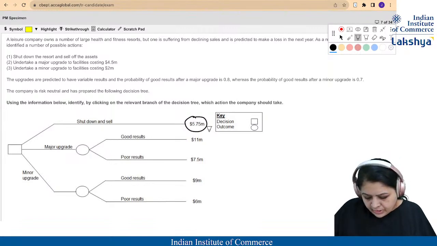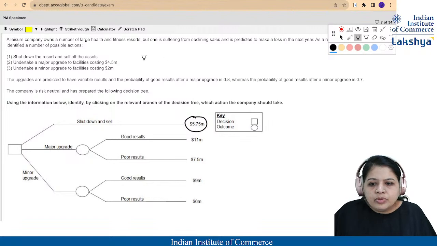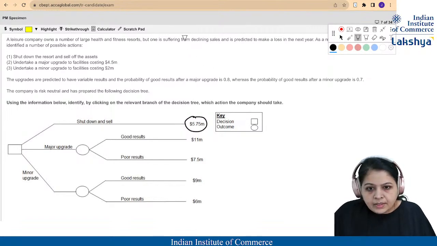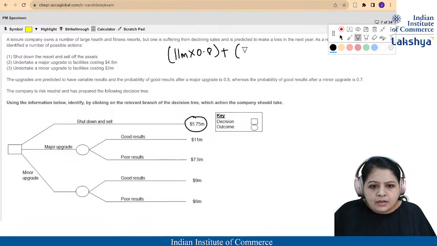So the major upgrade needs to be figured out as 11 million into 0.8 because that is the probability, plus 0.2 into 7.5 million, right?